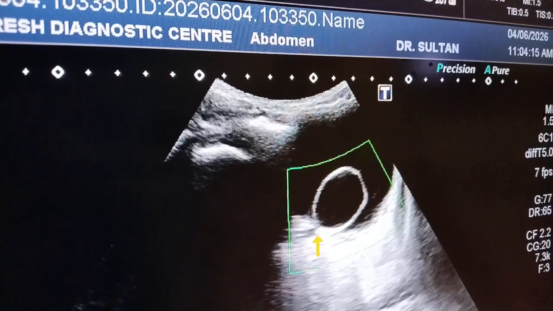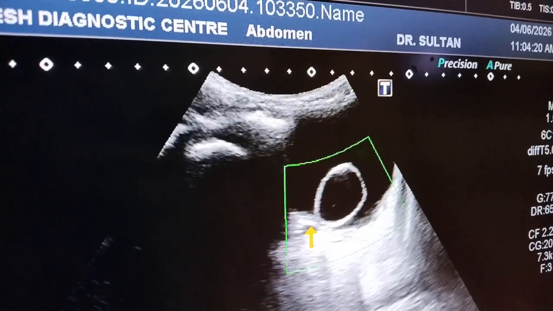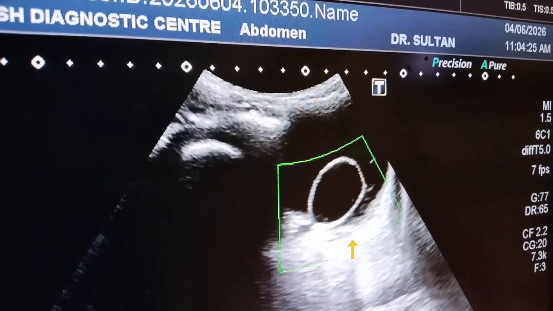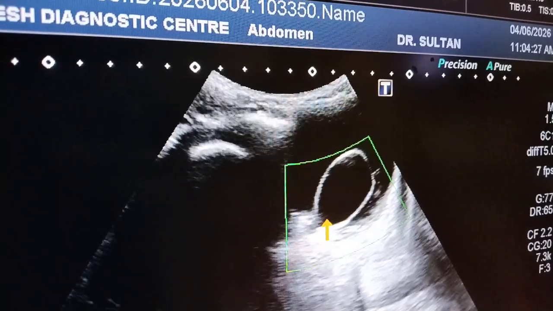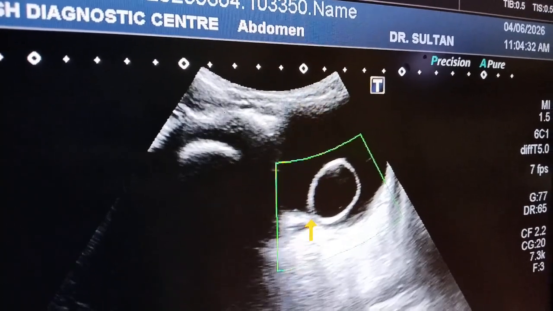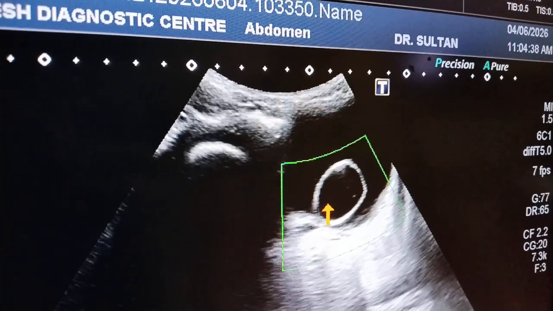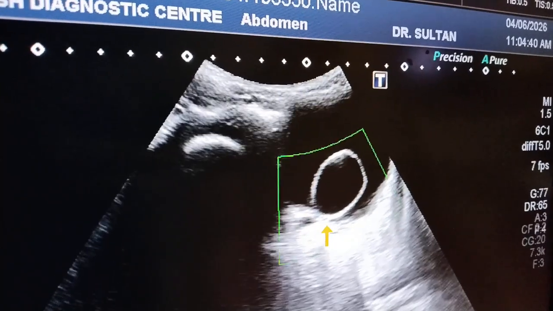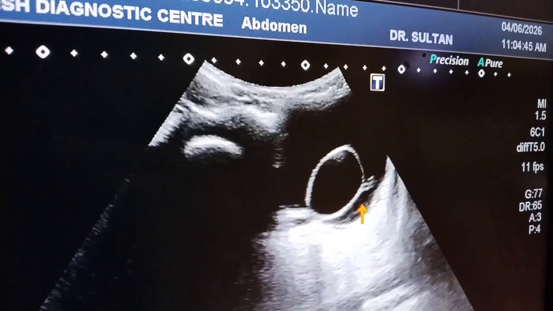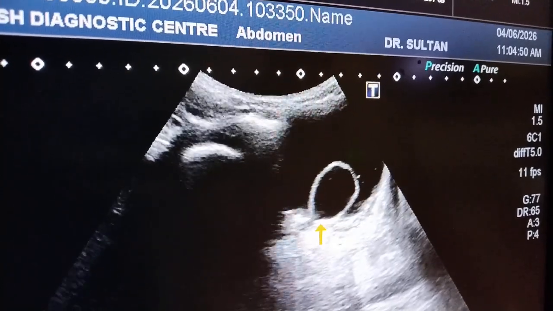So this is the cystic dilatation of the distal ureter when it enters into the urinary bladder at the level of the vesico-ureteric junction. We can say that sonographically, this is the urine coming from the left ureter.